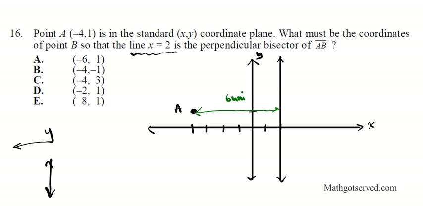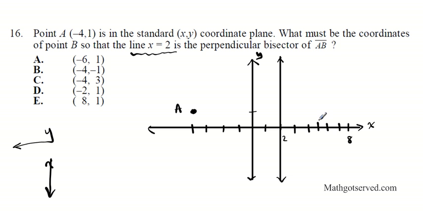In order to find out where point B is, since this is a bisector, I need to count 6 units to the right, okay? So let's go ahead and count 6 units to the right. Starting from 2, this is 2. 1, 2, 3, 4, 5, 6. If it counts from 2 to 6 units to the right, it's going to be 2, 3, 4, 5, 6, 7, 8.